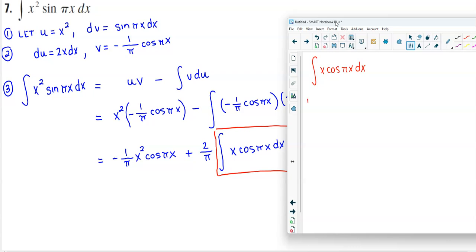We're going to let, if we want, we can use capital U's and capital V's so we can distinguish between the two. So capital U is going to equal x, and dV is going to equal the cosine of pi x dx. So if we take the derivative of both sides, we have dU, which is equal to dx.